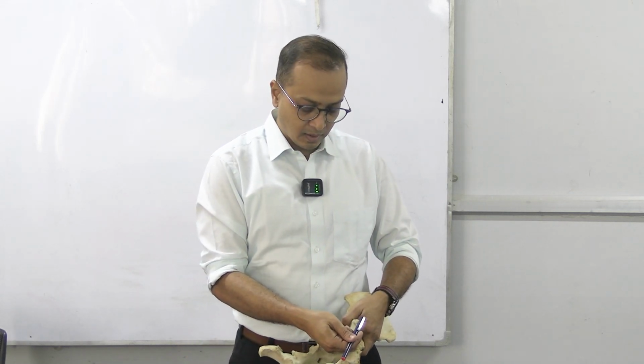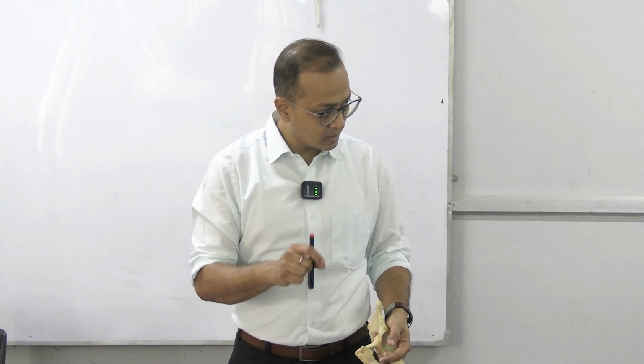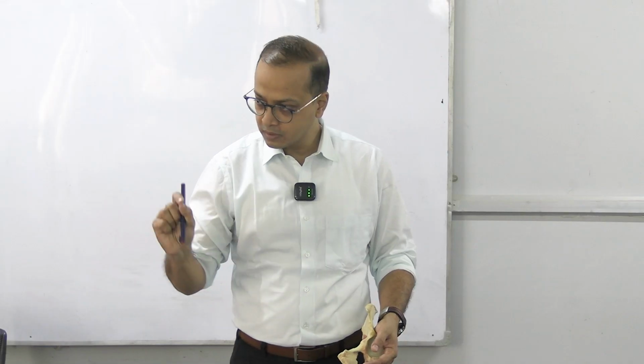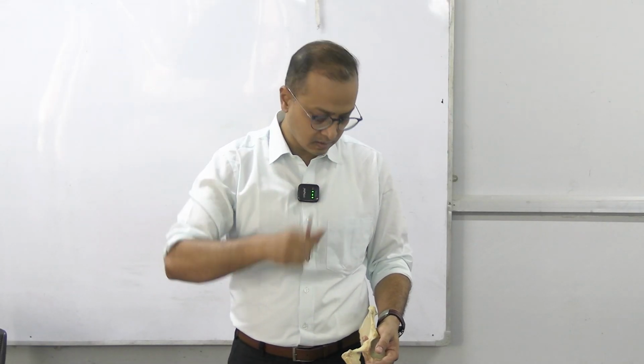The anterior superior iliac spine gives an attachment of the ligament, we call it the inguinal ligament lateral end. The medial end is attached where? At the pubic tubercle, the pubis having a tubercle on the upper border. So, pubic tubercle to ASIS.